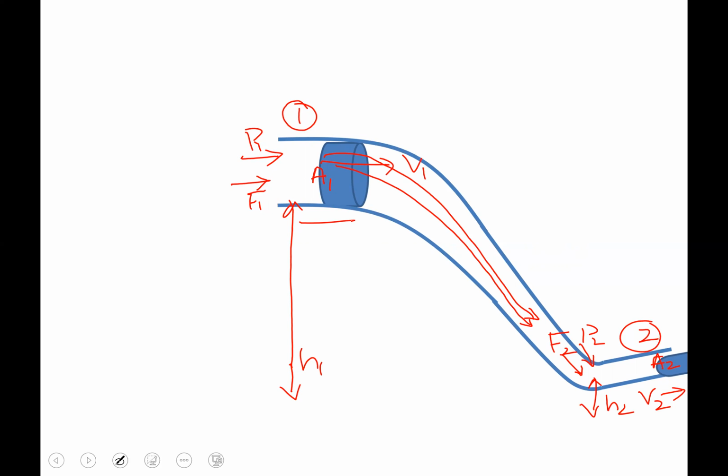Let's call the displacement at the top delta x1, and at the bottom delta x2. All of this was done in time delta t, the time it took for the liquid to move from one place to another.